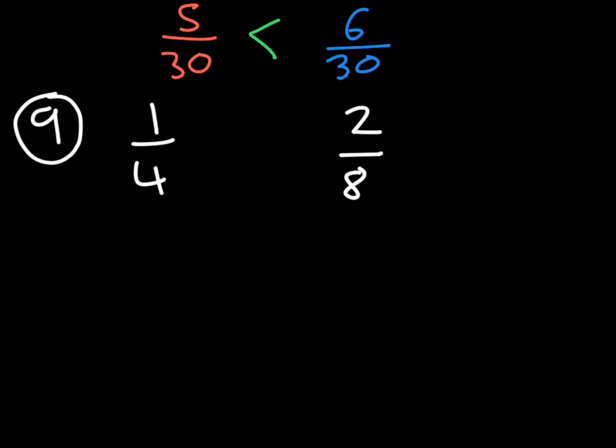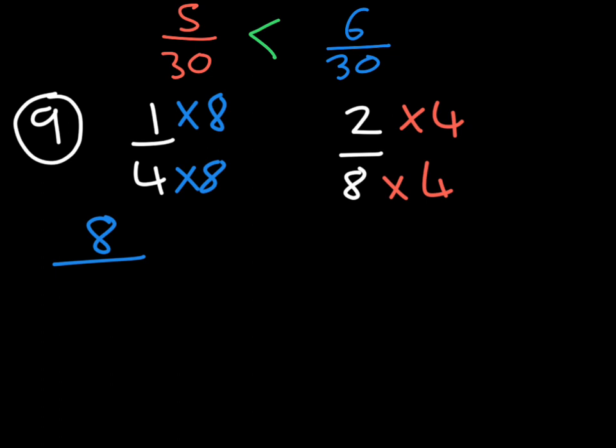So we can multiply this by 8 and this by 8, and we will multiply this by 4 and this by 4. Then 1 times 8 is 8, 4 times 8 is 32, 2 times 4 is 8, and 8 times 4 is 32.